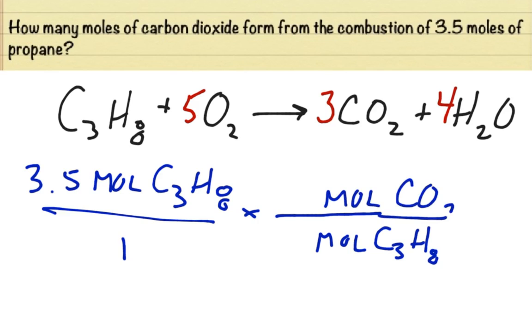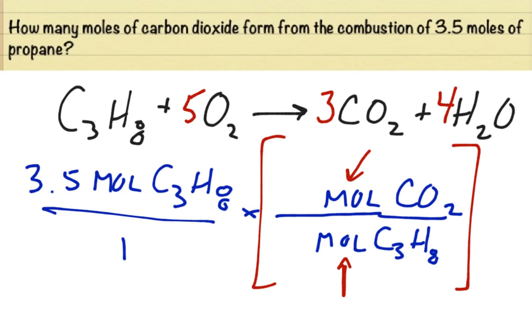And here's where the balanced chemical reaction comes into play. Anytime we have mole and mole in the same fraction, the numbers that go with that come from the balanced chemical equation. In the balanced chemical equation, 3 goes with carbon dioxide and 1 goes with propane.